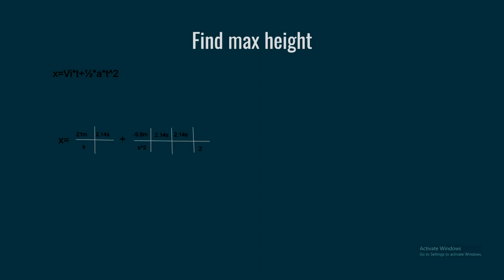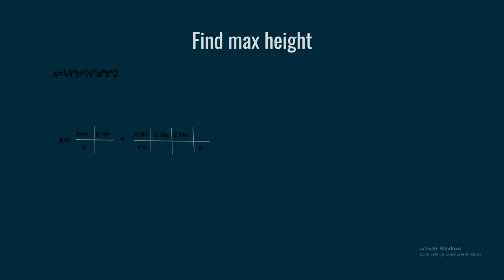So the vertical initial velocity in this case is 21 meters a second times the time, which is half of 4.28 because we're trying to find the max height, which is at half of the parabola.